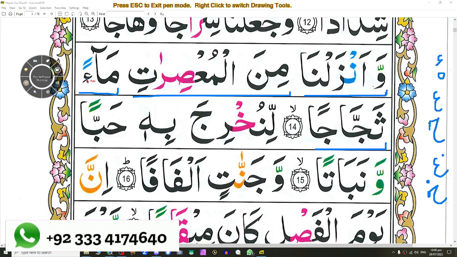Ikhfa applies on another condition also. If any letter has tanween on it. Tanween is the short name, or a nickname, for double fatha, double kasra, or double dhamma.